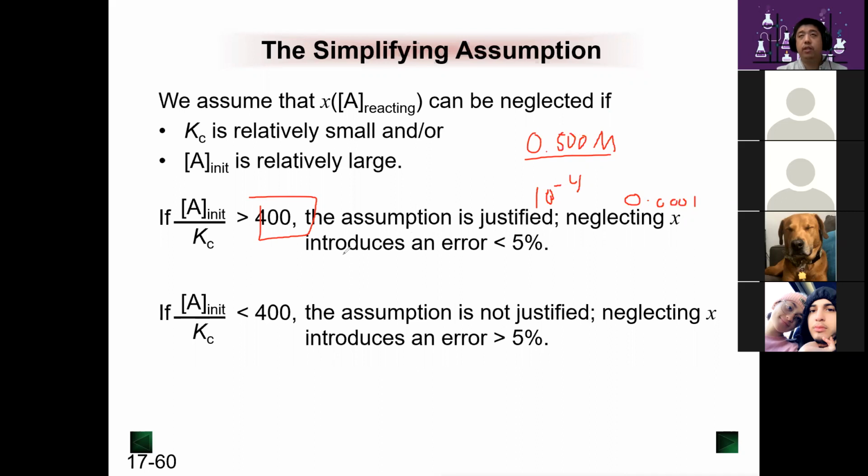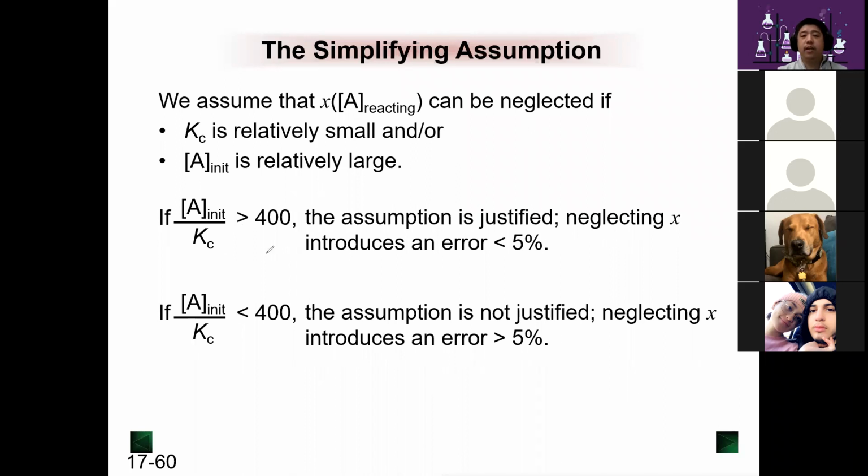Okay. If we did it the other way, I think it was 0.01? I forgot the exact number. Over the 10 to the 4 ratio, this number essentially is not going to give you a value greater than 400. Does that make sense? Yeah. Okay. Now, does this rule always apply?